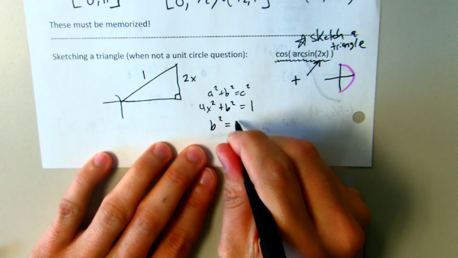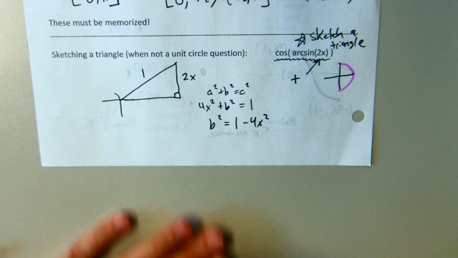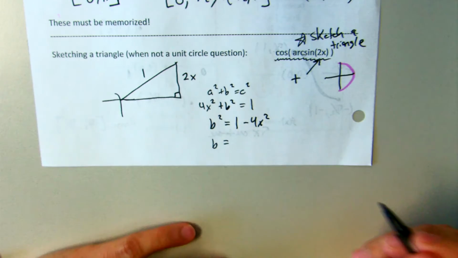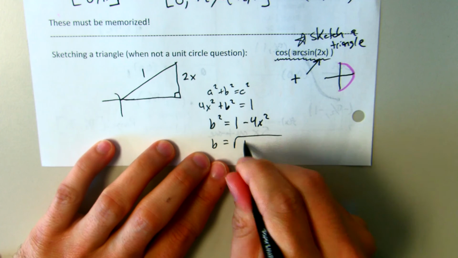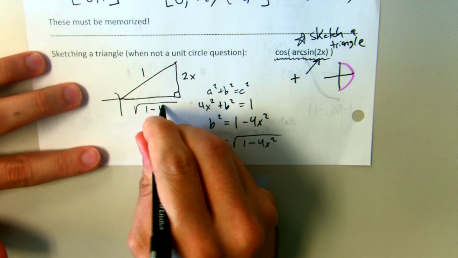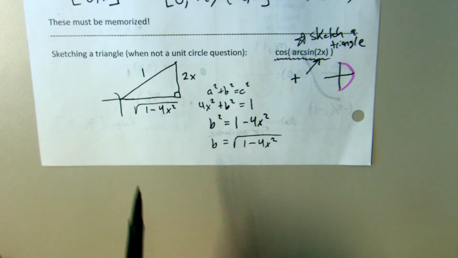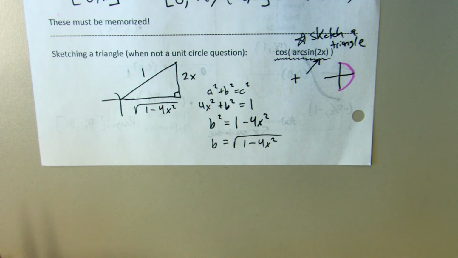So b squared is 1 minus 4x squared. And therefore b is the square root of 1 minus 4x squared. So if that side length was in terms of x, this side length is going to be in terms of x too. I don't have a numerical value, but so what?